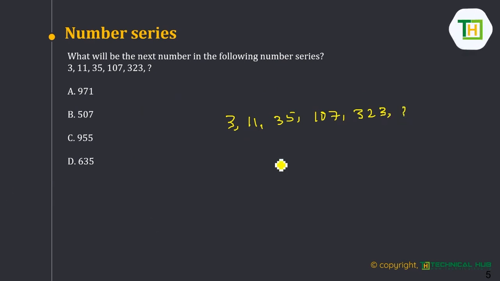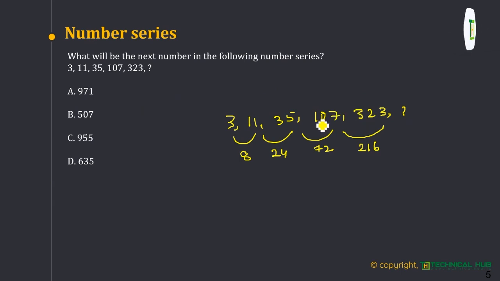First take the difference. 3 and 11 difference is 8. 11 and 35 difference is 24. 35 and 107 difference is 72 and 107 and 323 difference is 216. What would be the next difference?